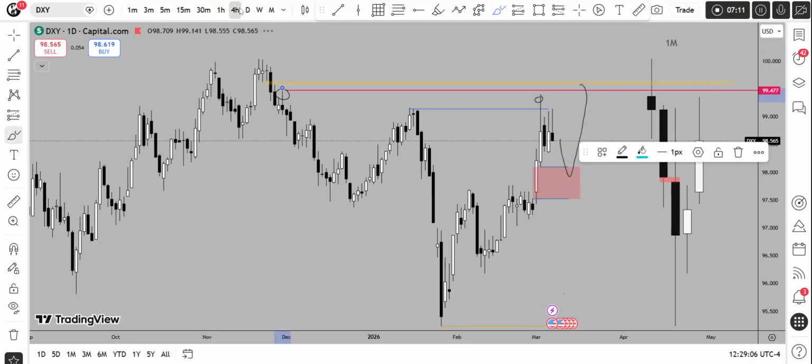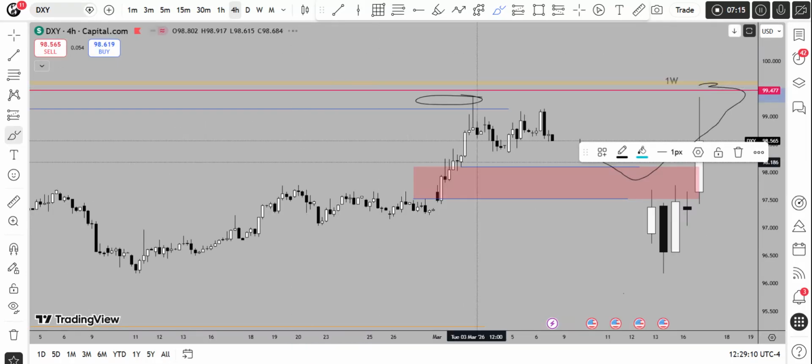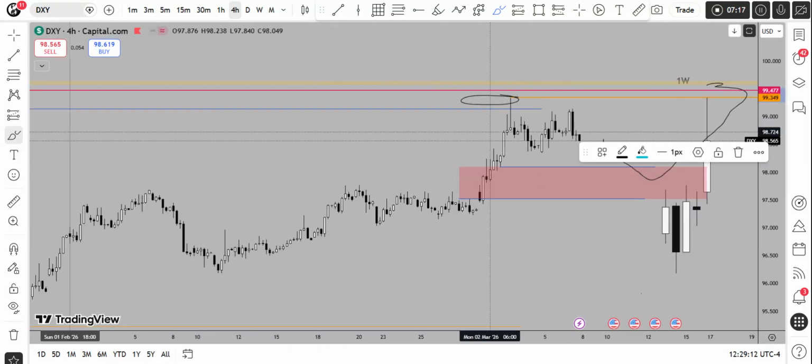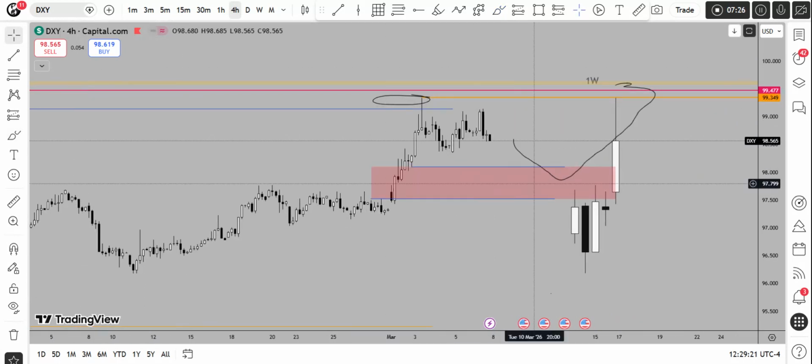So let's go to the 4 hour structure and see if there is anything interesting in the DXY. Let it load. So yeah, if you can see, we are currently in this range bound area. Price is just chopping around. So what I'm expecting is Monday and Tuesday to create a low of the week. It's a low of the week right over here, and then we can push higher and create the high of the week.